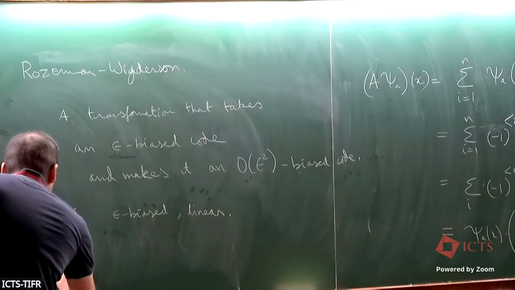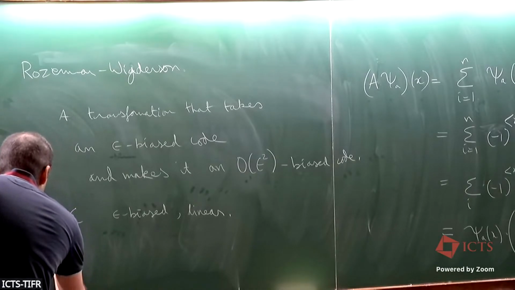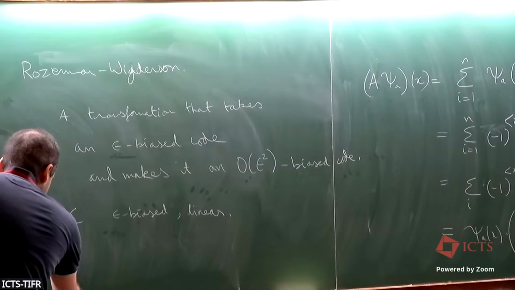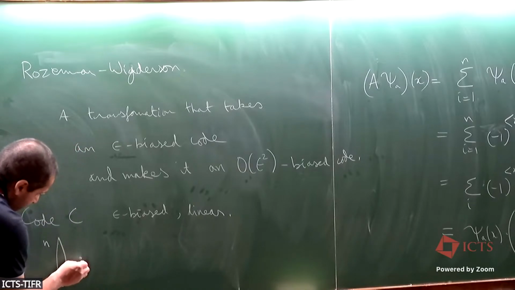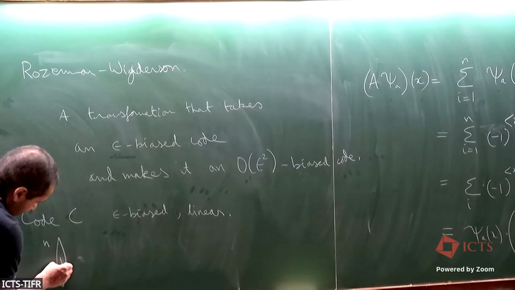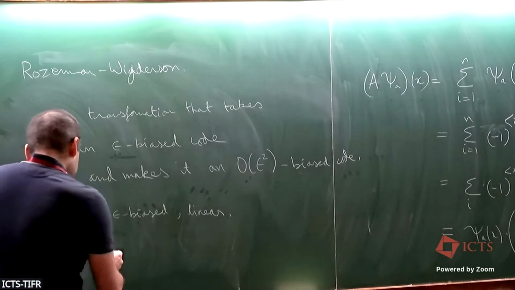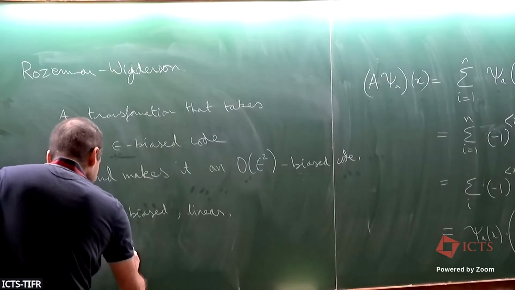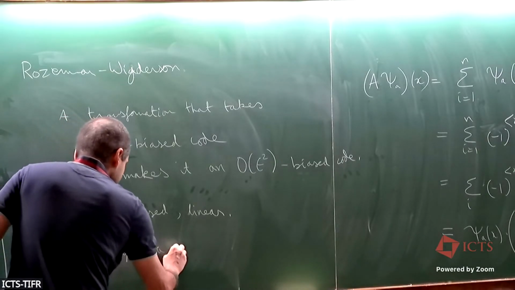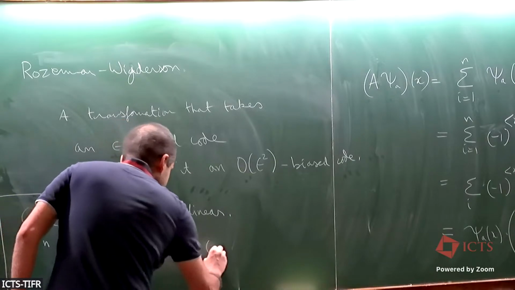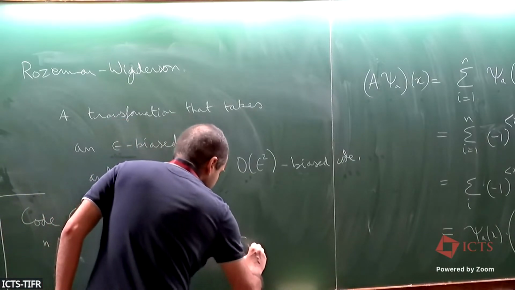We have n coordinates here. And what we're going to do is pick certain pairs of these and take their parity. So impose a graph G on 1 to n.